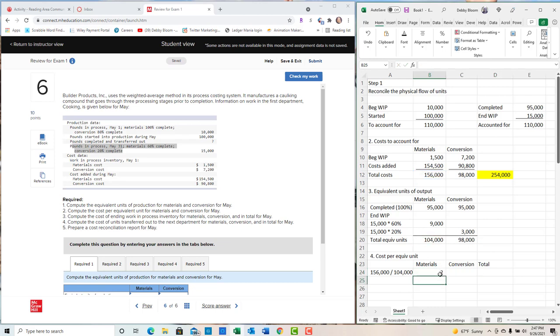And for our materials, we get $1.50 per unit. For our conversion cost, that's pretty easy. We take the 98,000 in costs, we divide by the 98,000 equivalent units, and of course, we're going to get $1 per unit.